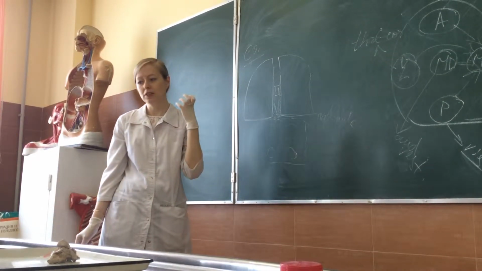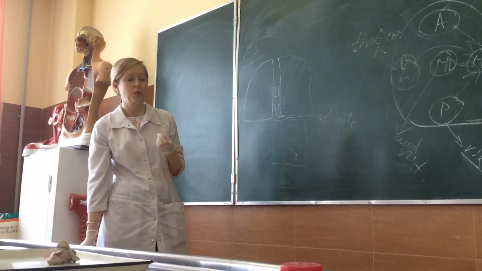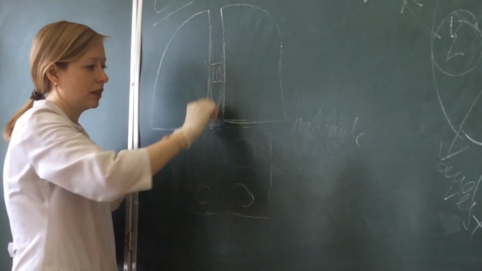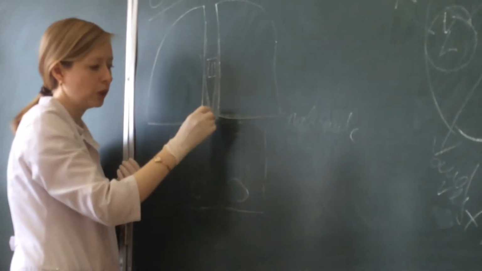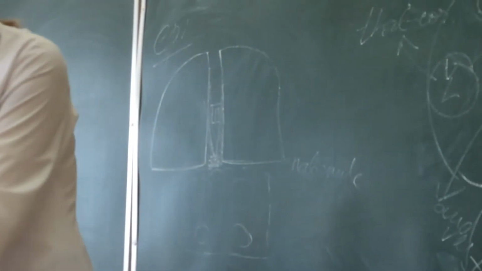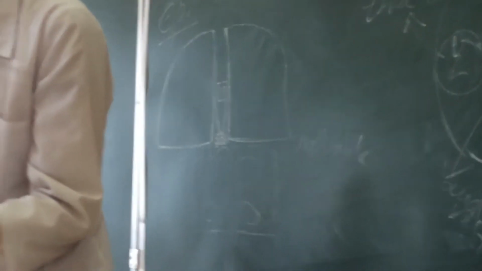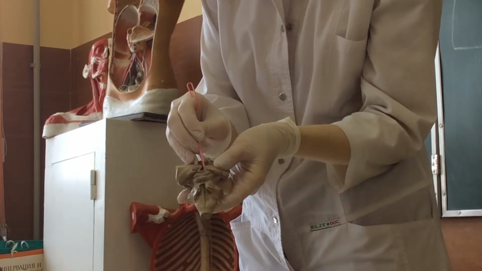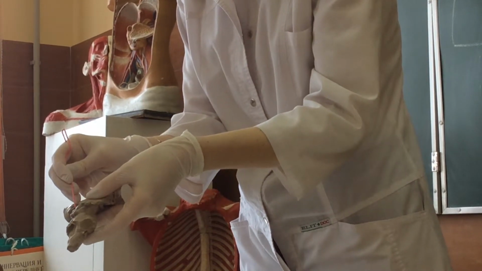The epithalamus consists of several structures, which we call habenula, trigonum habenulae, and commissura habenularum. Here we can see these structures. We call them habenula.